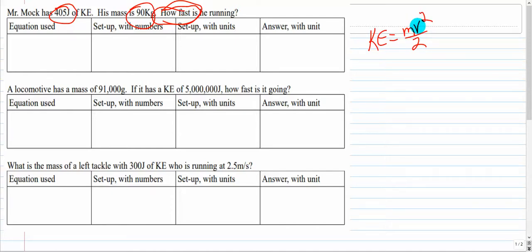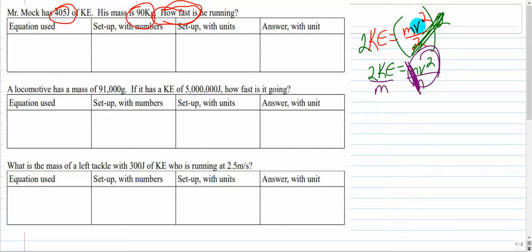So what I'm going to do first is get rid of this divided by 2. I'm going to multiply both sides by 2. So I wind up with 2KE equals mv squared. Next thing I'm going to do is get rid of this multiplied m, so I'm going to divide by m. And you might think you're done, but we don't have v by itself.